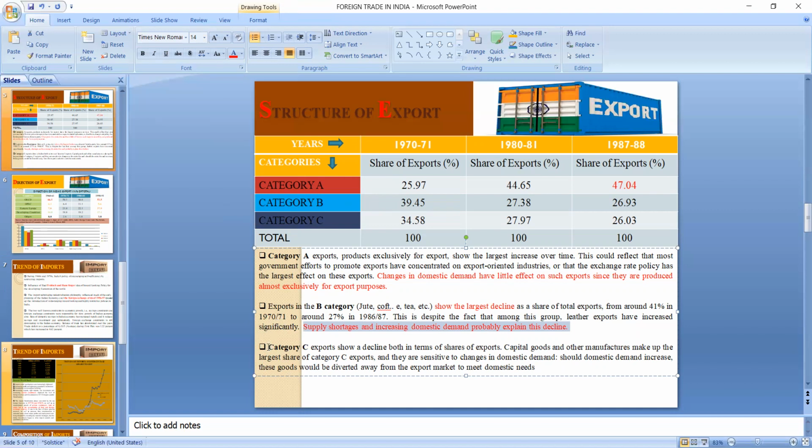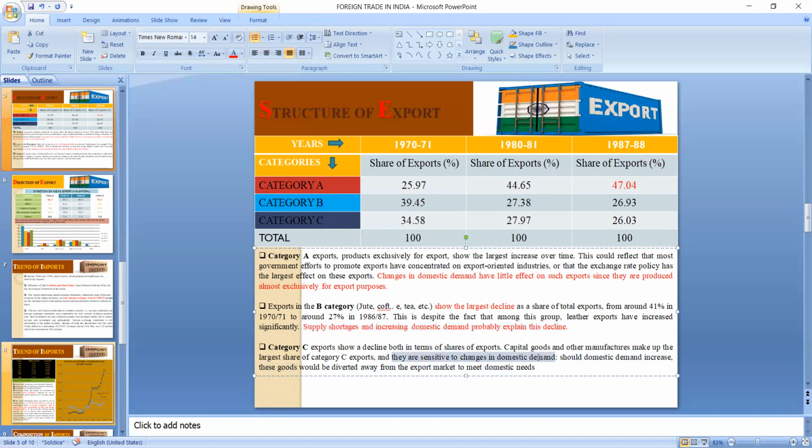If we look into category C, then it had also declined. Category C exports show a decline in terms of share of exports. Capital goods and other manufacturers make up the largest share of category C exports, and they are sensitive to changes in domestic demand. So this is very important.